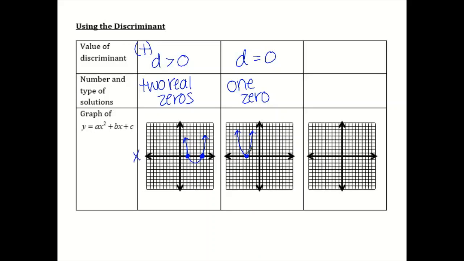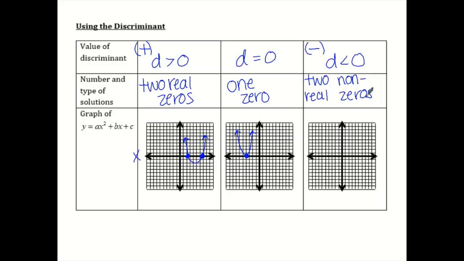And our last case is when the discriminant is a negative number, or d is less than 0. When it's a negative number, we're actually going to have two non-real zeros.